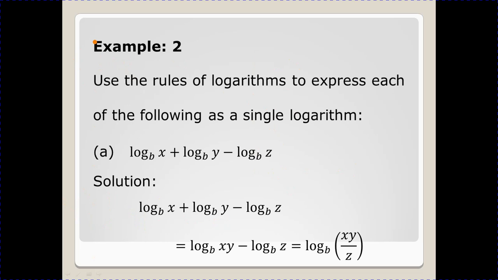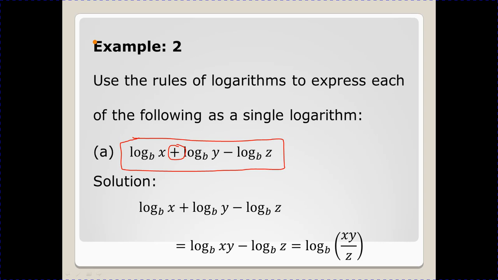Okay, we want to use the rules of logarithms to simplify or to express each of the following as a single logarithm. I'm going to use the 3 rules that we discussed before. Number 1: log x plus log y minus log z. Don't forget that in rule number 1, multiplication becomes addition, and minus comes from division.